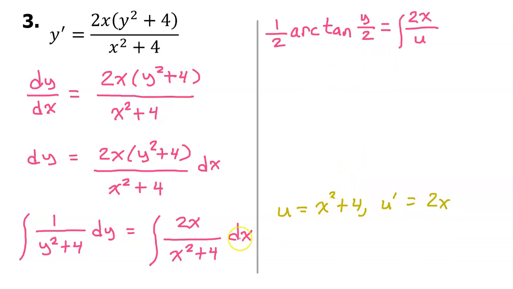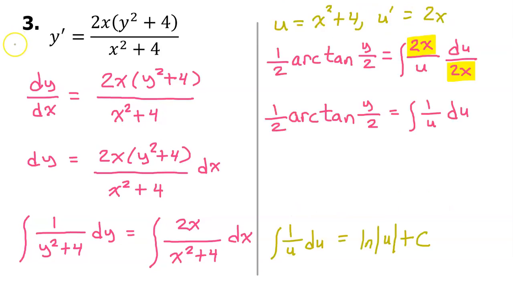Making the substitution, we now have u in the denominator. Instead of dx, we write du over u prime, which is 2x. And we notice that the 2x in the numerator will cancel out the 2x in the denominator. On the right-hand side, we now have the integral of 1 over u du.